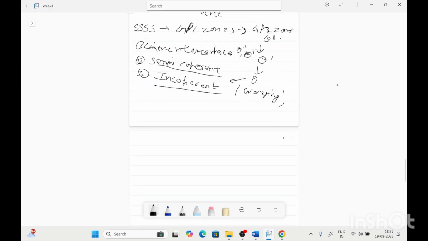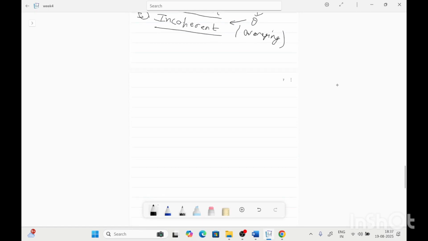So that will affect the mechanical properties according to the interface. The coherent interface will generate the strengthening known as the coherency strain.